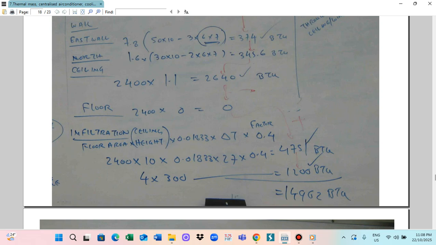So for infiltration, you have to use a formula. It means the flow area multiplied by the ceiling height, multiplied by 0.01833, multiplied by delta T, multiplied by the factor.